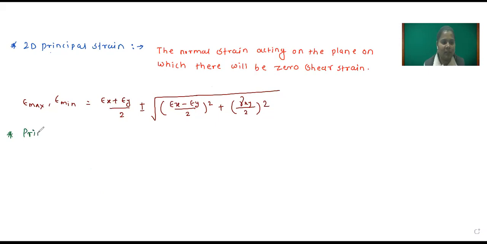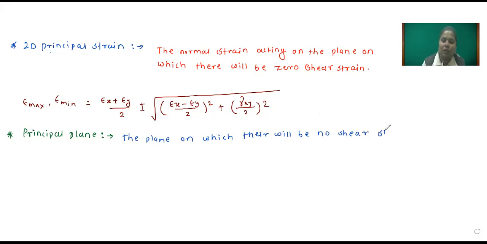Already we have discussed it, but once again we will see it. The principal plane means the plane on which there will be no shear strain, or zero shear strain.